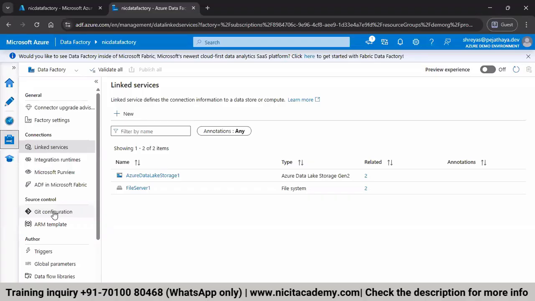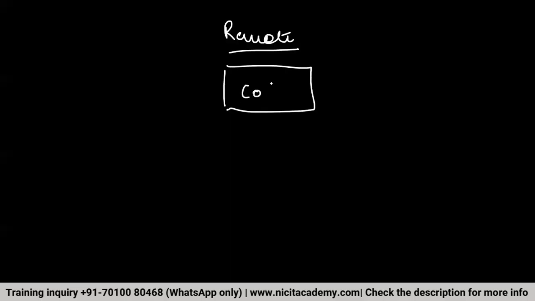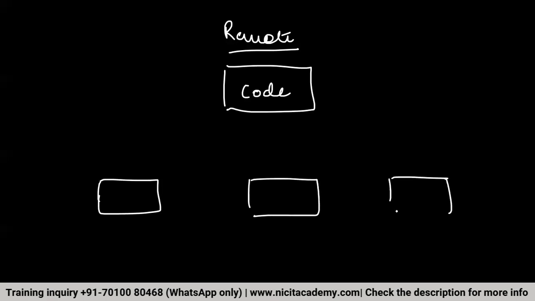So if they make any changes to their local repository, it means I have a central hub where my code is present. I'll show you. This is a remote repository, where all your code is present, right? Let's say three developers are working on it, so they will have their own local repository, LR.